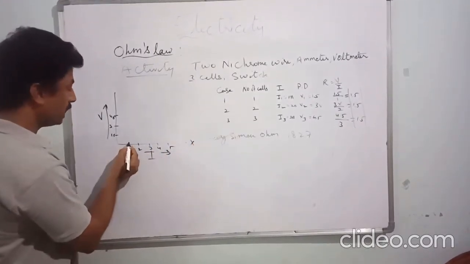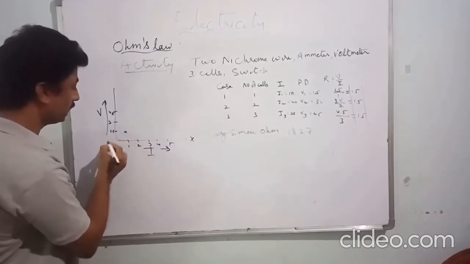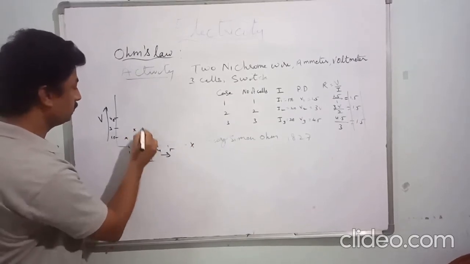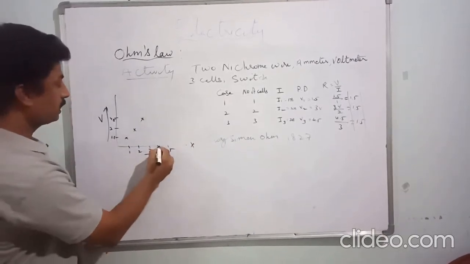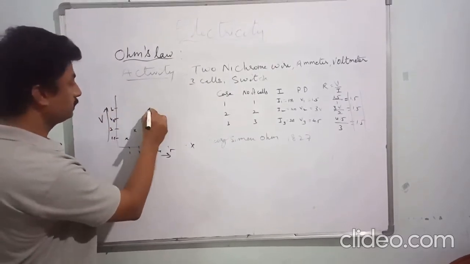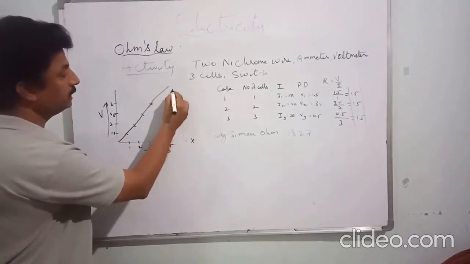When the current is 1, the potential difference is 1.5. When the current is 2, it is 3. When it is 3, it is 4.5. When it is 4, it will be 6. So by this you can see that there is a linear graph.